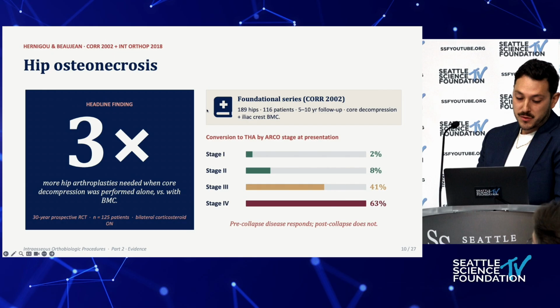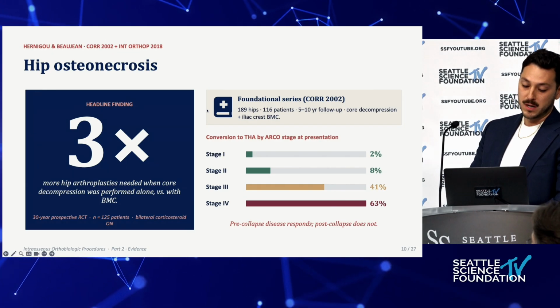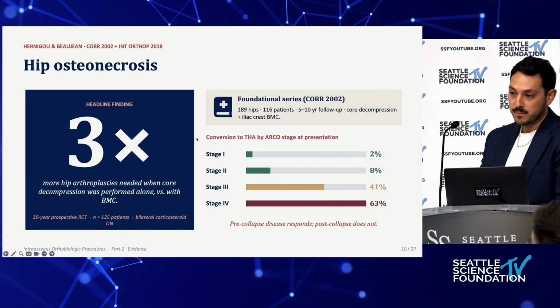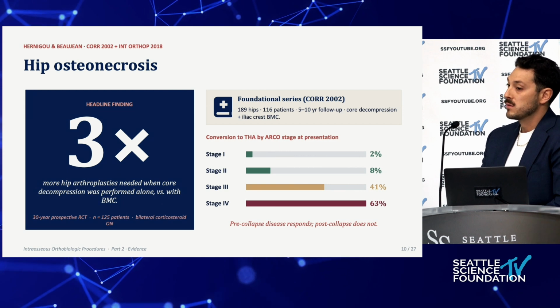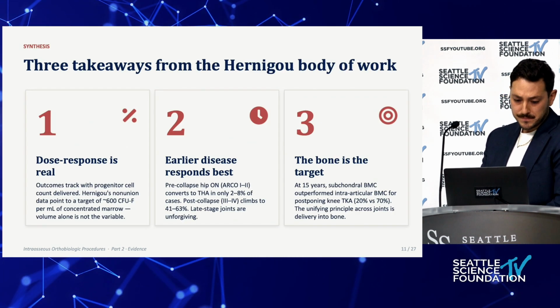The headline finding is that there's 3 times more hip arthroplasties needed when core decompression was performed without BMC. So pre-collapse hips and knees, or hips specifically, are very responsive. Once you get into the later stages, they are not as responsive.